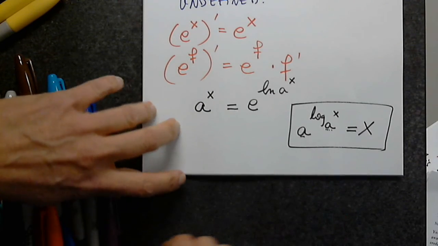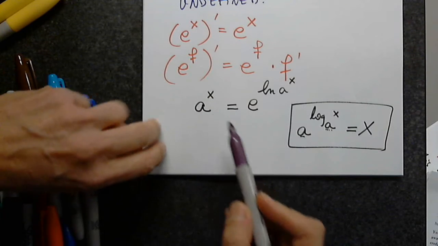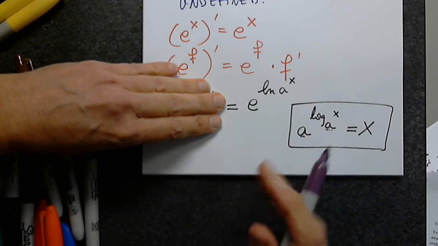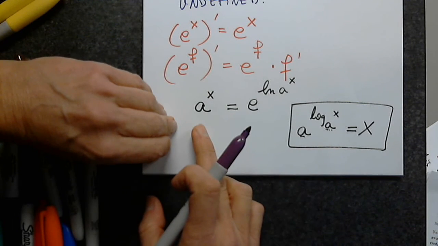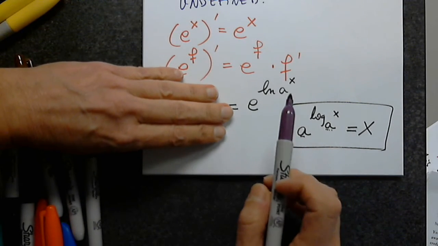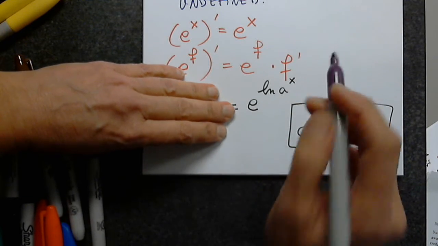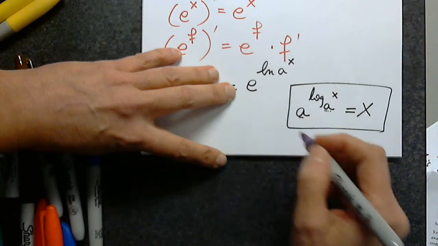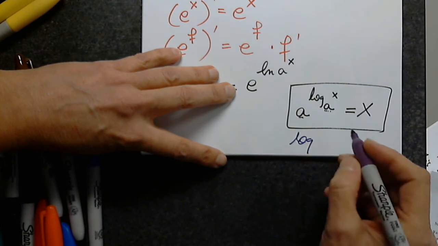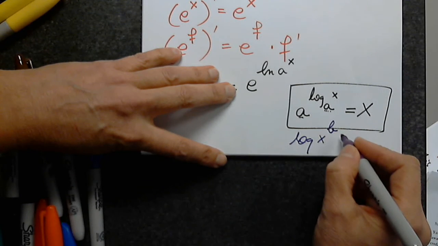Now, what am I after? I am after this prime. That's what I'm trying to find. So I'm going to differentiate this in order to get this. However, there is another property of the logs, which is log in any base of x to the b power.